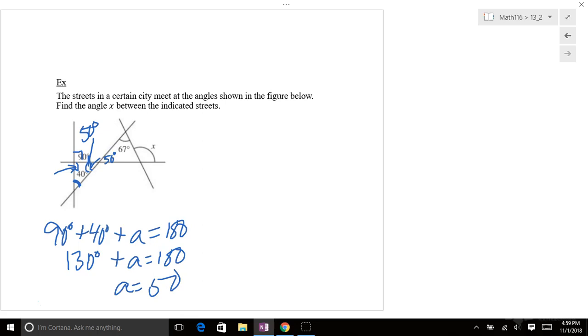Okay, and now you've got 50 degrees, you've got 67 degrees, and we're going to find this remaining one right here, call it Y. So 50 degrees plus 67 degrees plus Y all adds up to 180 degrees.